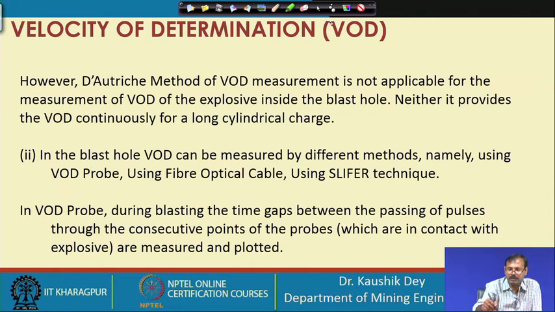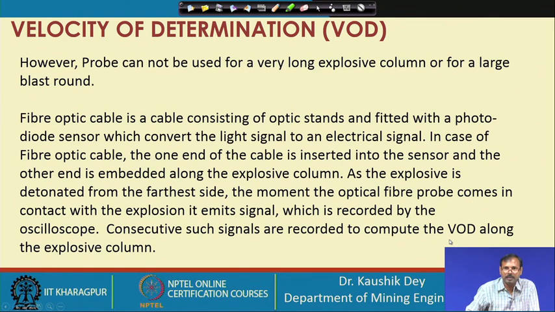But the probe has a problem: we need to place the oscilloscope close to the probe, and that is why we cannot have a full-fledged blasting system if we are measuring the VOD using the probe. So the probe cannot be used for a very long explosive column or a very large blast round, but overall VOD can be measured using the probe.